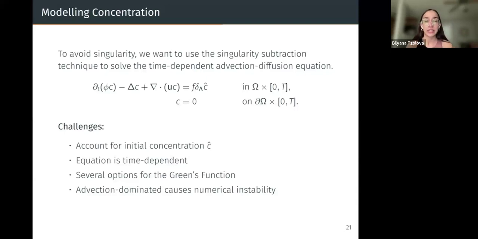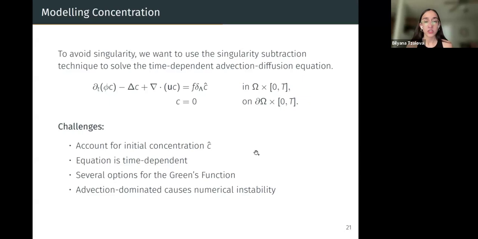So to avoid singularity like before, we're going to again use the singularity subtraction technique to solve the time-dependent advection diffusion equation. But we have a few more challenges that we didn't have before. First, we need to account for our initial concentration C hat, which we didn't have in the previous equation. This equation, unlike before, is time dependent, so we need to deal with that term.